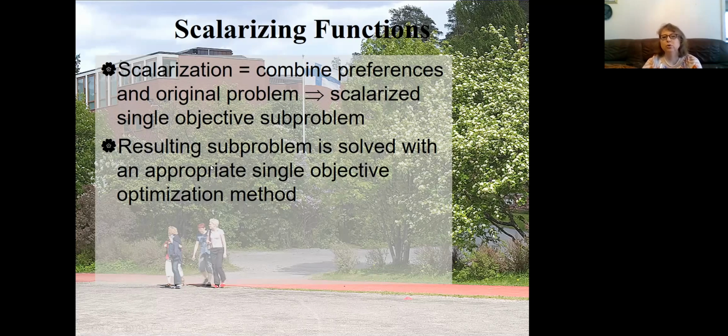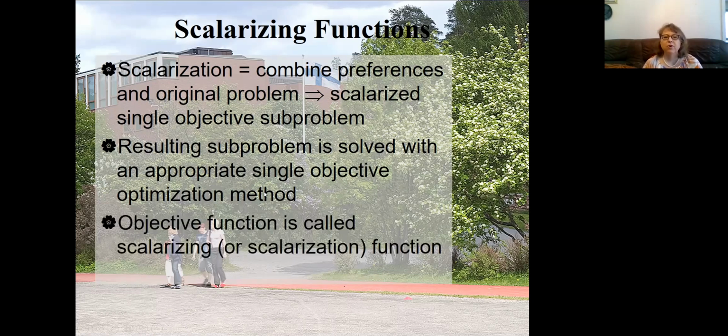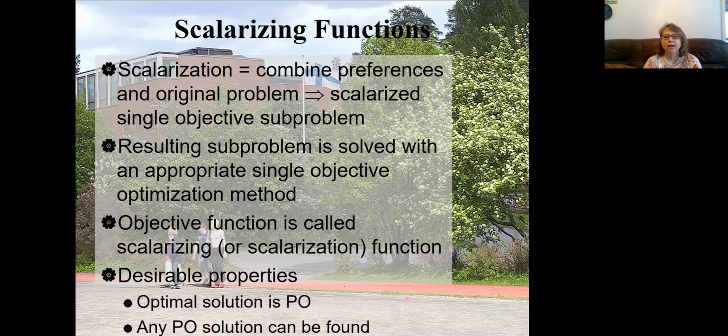And of course, we need to use the appropriate single objective optimization method to solve this problem. But not any scalarizing function is equally good. As said, we need to choose carefully, and the desirable properties are that Pareto optimality is guaranteed. So we get a Pareto optimal solution and we don't miss any relevant Pareto optimal solution because of the weaknesses of the scalarizing function.